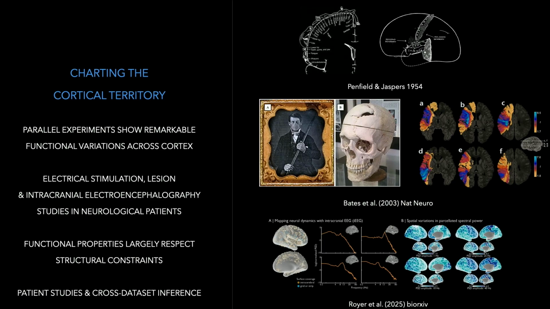We can also take advantage of patient populations that undergo intracranial electrophysiological recordings as part of the pre-surgical workup in order to identify functional properties in specific cortical areas. The overall assumption was always that these functional and structural properties that we can derive from postmortem work also relate to interregional variations in function.